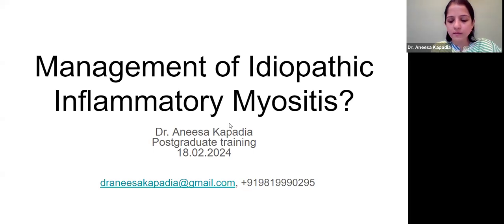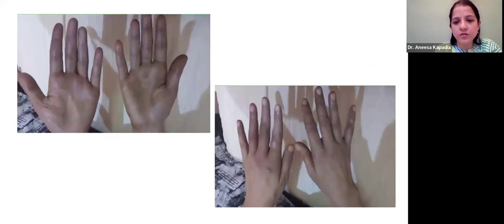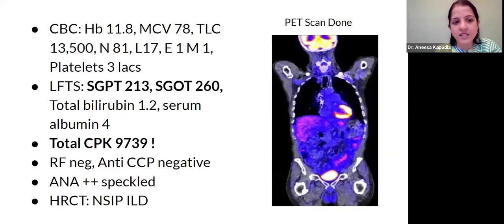I'll start with how we will now manage a patient who we have diagnosed with inflammatory myositis. So again, I'm going to touch upon the same case that I talked about last time, about this lady who comes with polyarthritis, fever, respiratory symptoms, muscle weakness. Based on her clinical features as well as her antibodies, we diagnosed her with anti-synthetase syndrome.